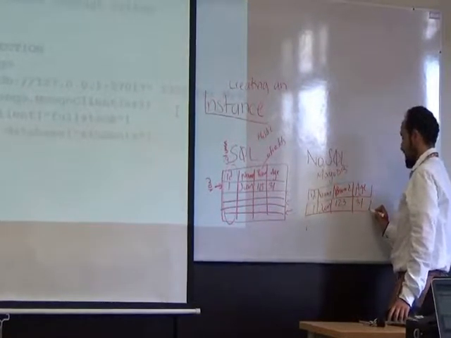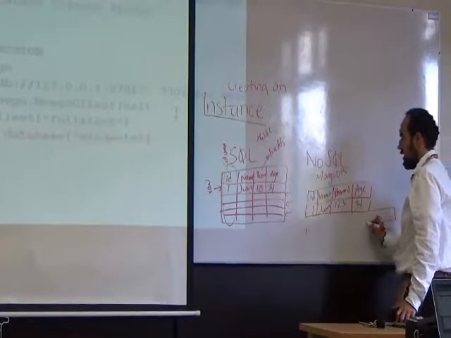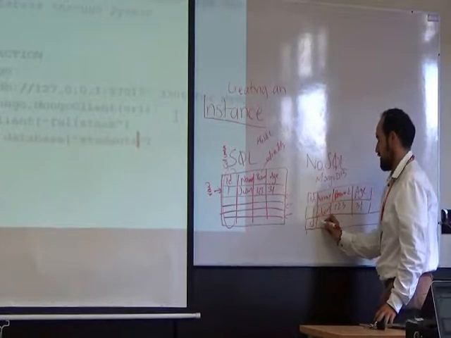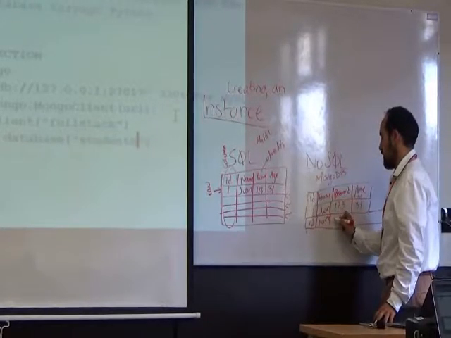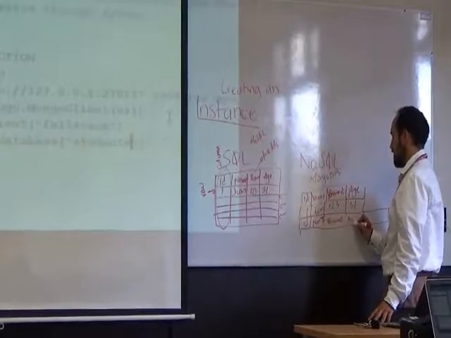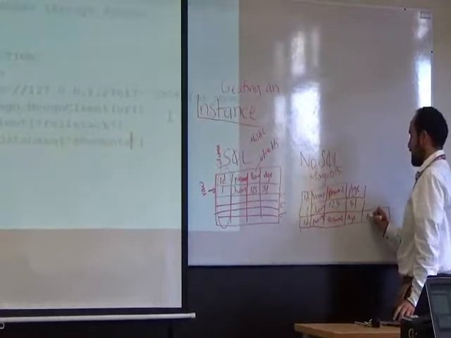But the second row can have more attributes, such as ID, name, password, age, and address.